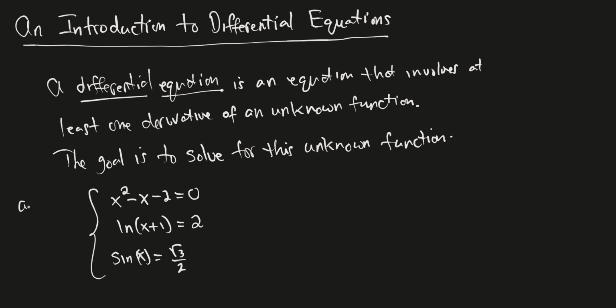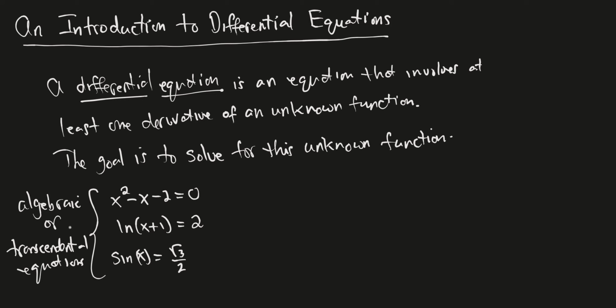And they're all different. You solve them in different ways. For instance, this one you may try to factor or use the quadratic formula. Here you might use the inverse function of your natural log. This equation probably has two solutions. This equation can only have one. This equation has infinitely many.